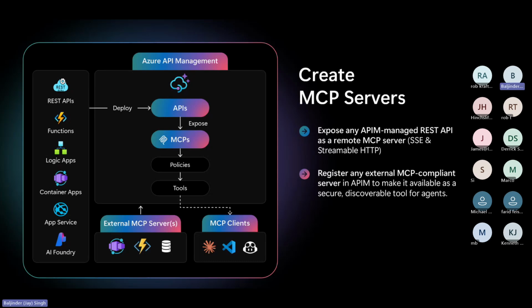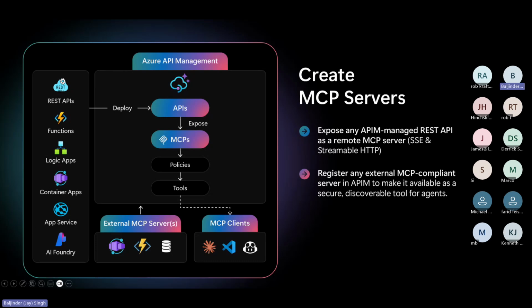And this is where we also apply policies. Within APIM, policies are applied before tools are executed. This can include authentication, authorization, rate limits, validation, and logging. All of that is controlled within APIM. And after policies are enforced, APIs are surfaced as MCP tools, which are now discoverable, reusable, and safe for agents to invoke.